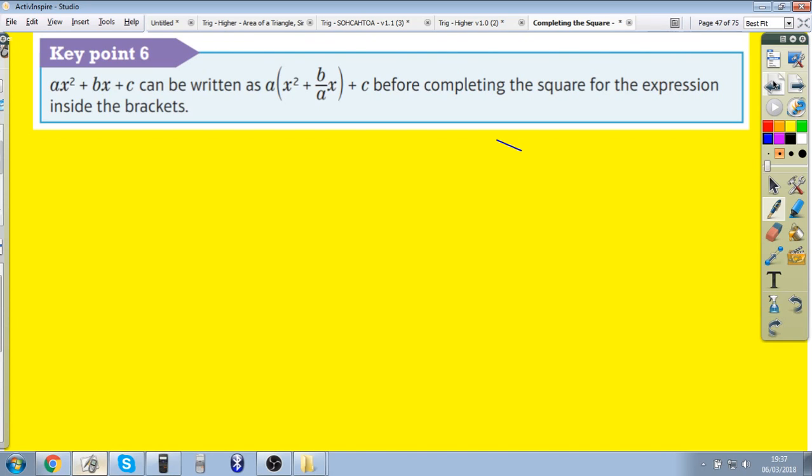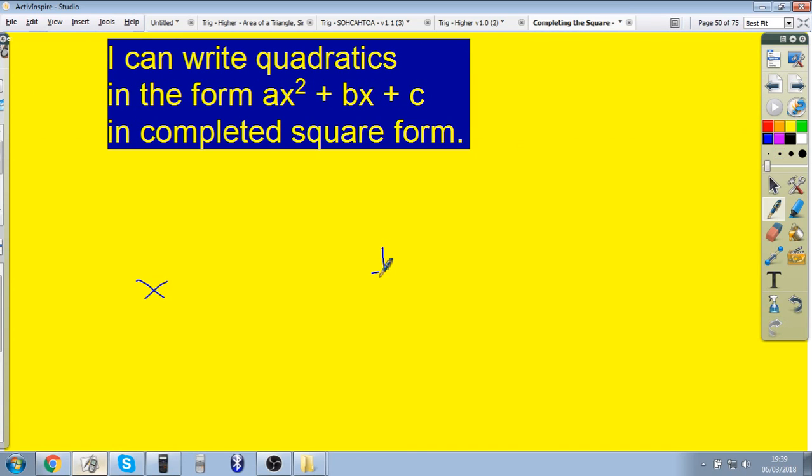Any questions there? I think I got that now. And I think you'll be able to do all of those now. Ax squared plus bx plus c in completed square form, that's a tick.